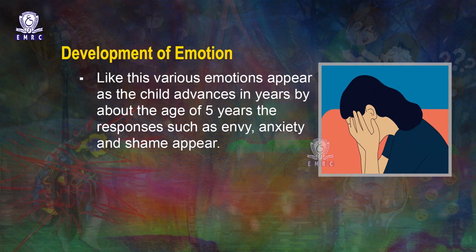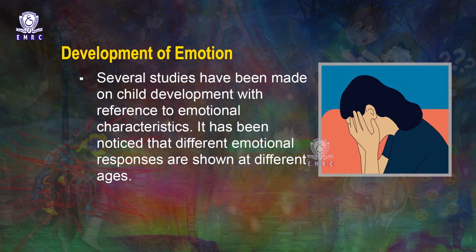Like this, various emotions appear as a child advances in years. By about the age of 5 years, responses such as envy, anxiety and shame appear. Several studies have been made on child development with reference to emotional characteristics. It has been noticed that different emotional responses are shown at different ages.